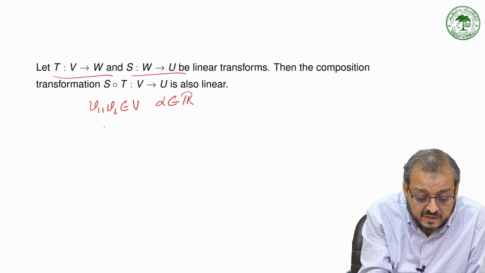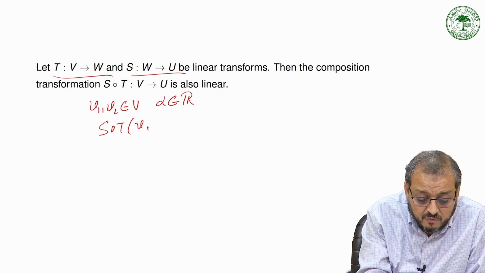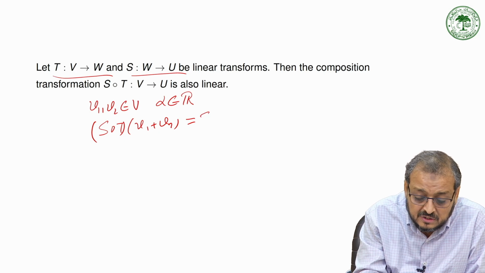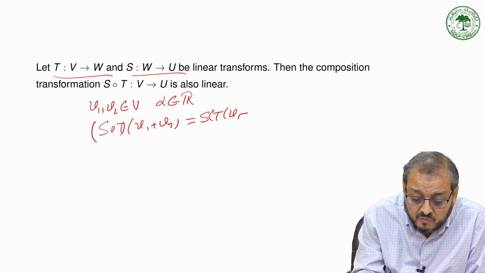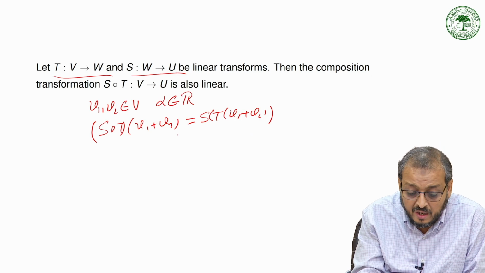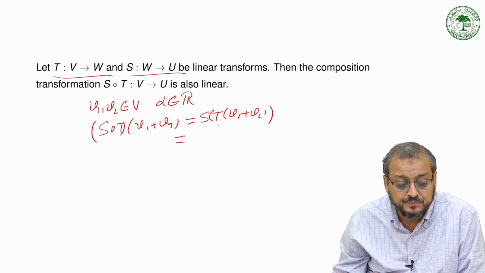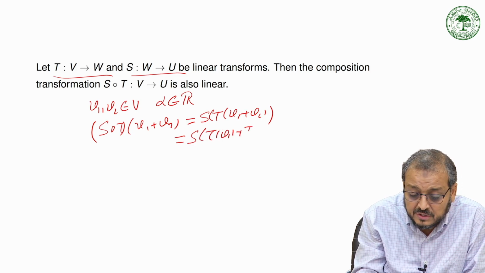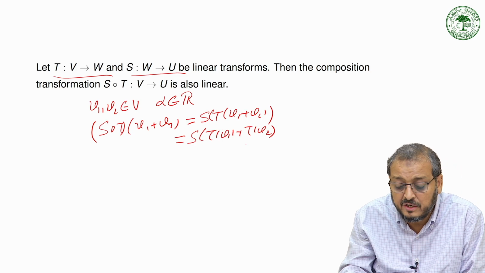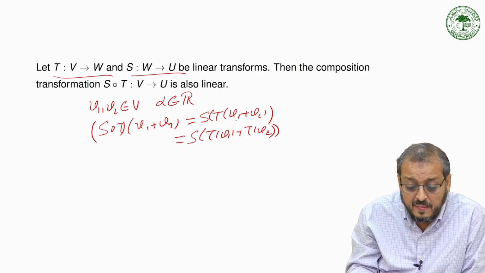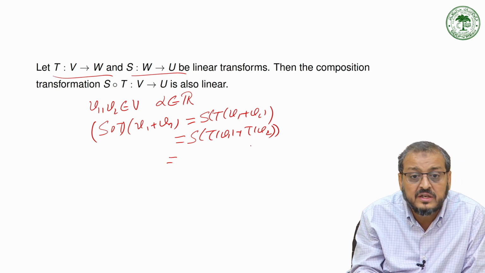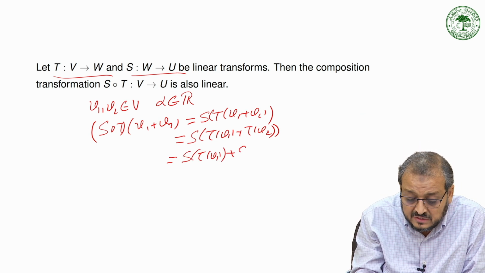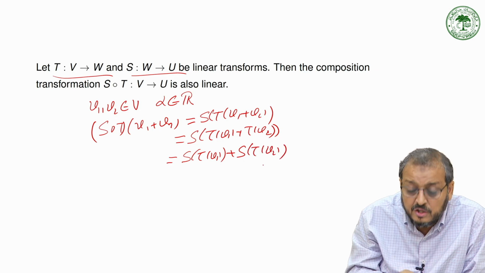Then we write S composition T of V1 plus V2. By the definition of S composition T, this is S of T of V1 plus V2. Now we know that T is linear, so this can be written S of T of V1 plus T of V2 by the linearity of T. Again, because S is also linear, this can be written S of T of V1 plus S of T of V2.